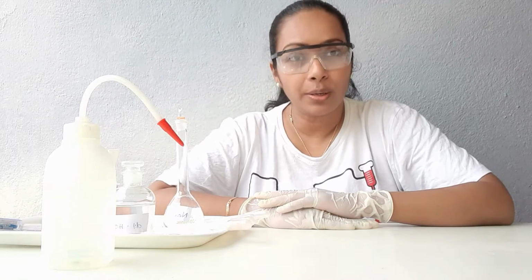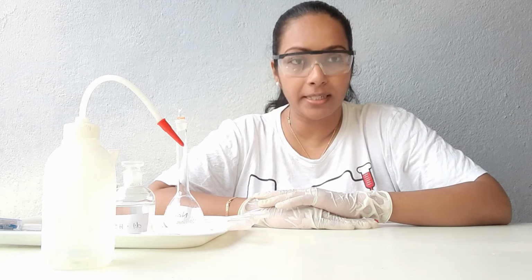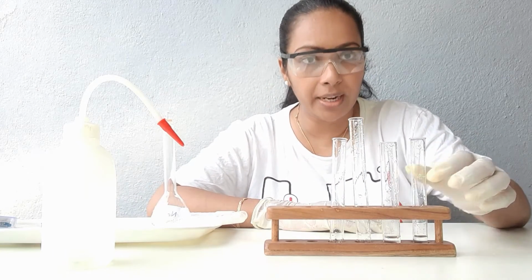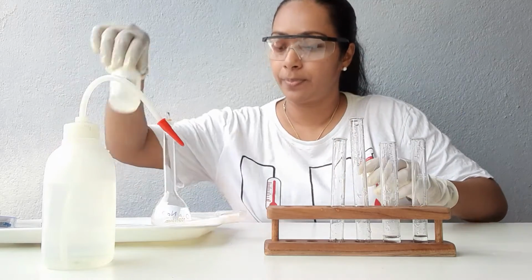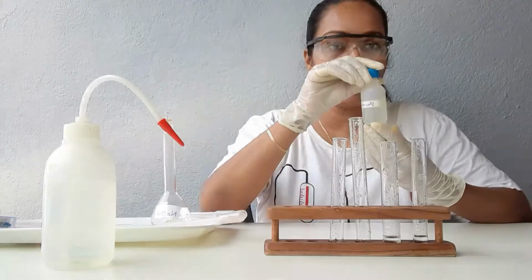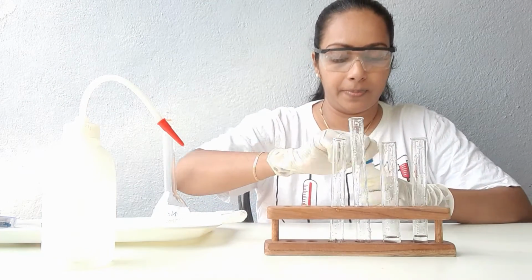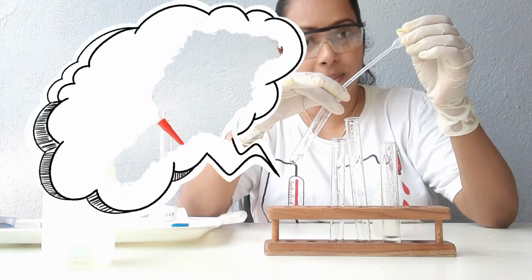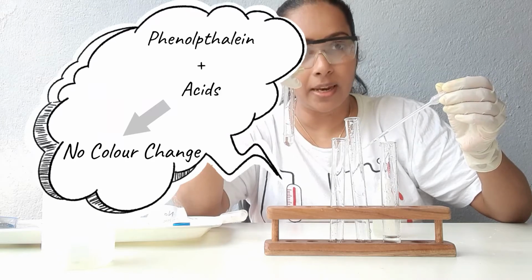Let's try out phenolphthalein and methyl orange indicators. I have taken hydrochloric acid into 2 test tubes. Now I am going to try phenolphthalein first. Phenolphthalein is a colorless indicator. By adding phenolphthalein into acids, it doesn't give any color change.